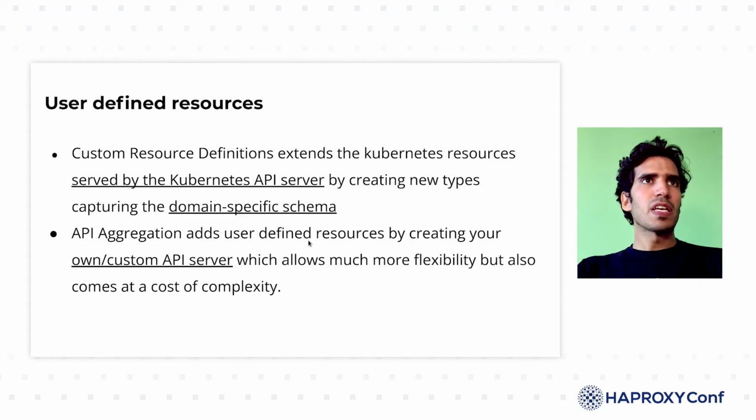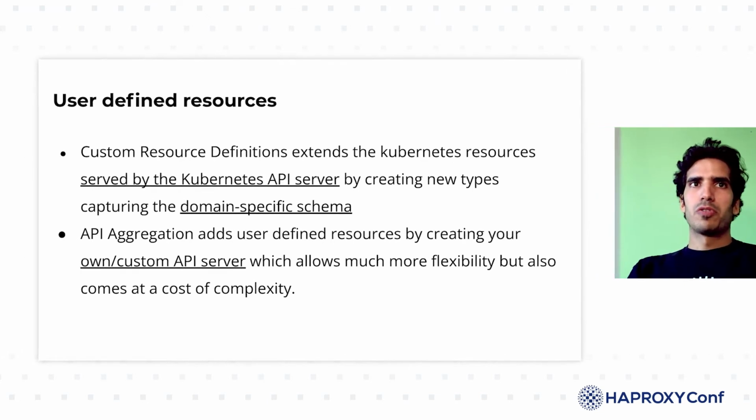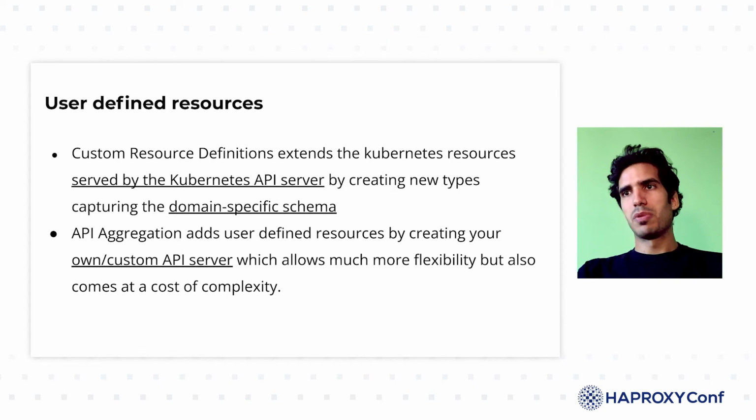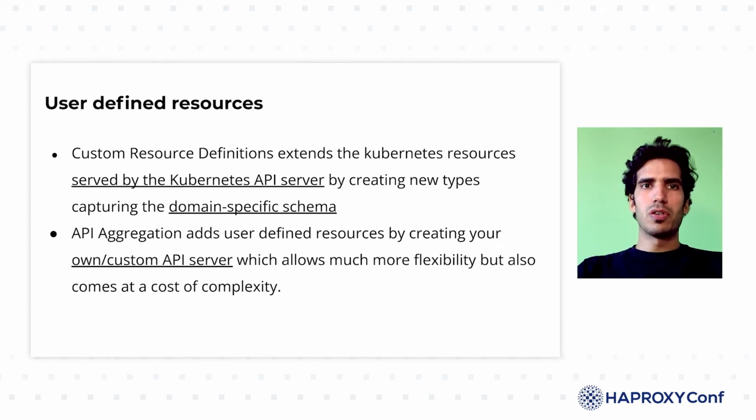Custom resources extend the Kubernetes resources served by the Kubernetes API server by creating new types capturing the domain-specific schema, which means that we are still going to use the existing Kubernetes API server, and we are just going to define new resources. On the other hand, API aggregation is about creating a whole different custom API server, which allows for much more flexibility, but also comes at a cost of complexity.